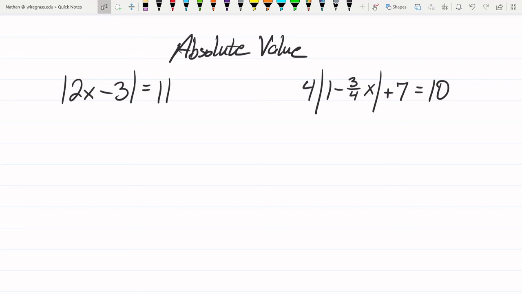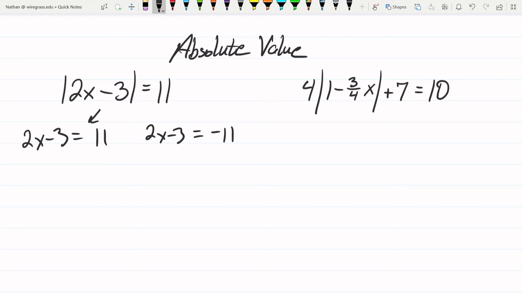The way we can solve this is once we get the absolute value by itself, like we have in the left-hand equation here, we can split this up into two equations. The first equation is the positive, equals 11, and the second equation is the negative, equals -11. And now we have two linear equations.